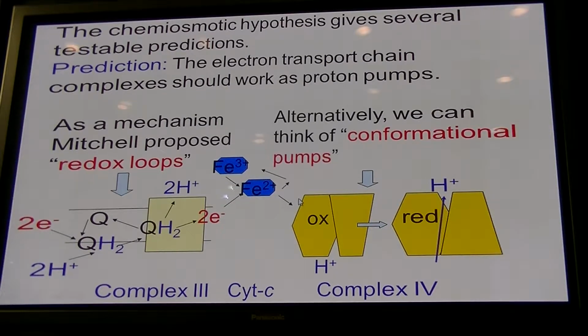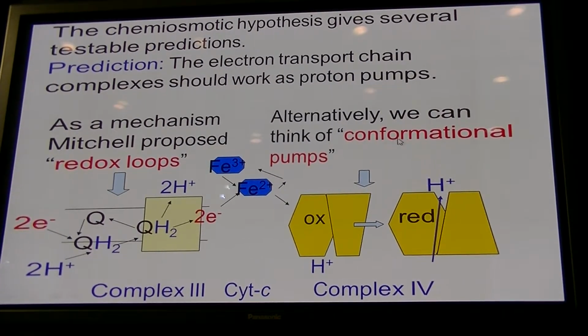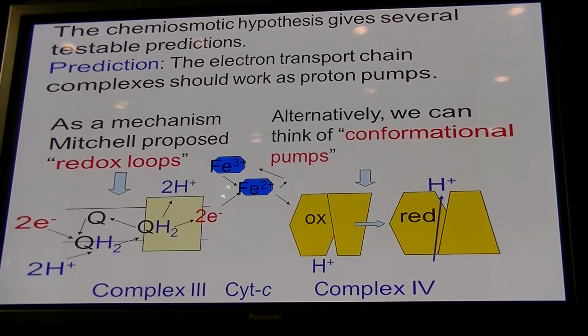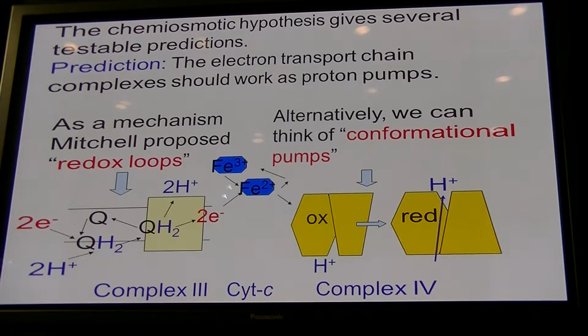But here the energy comes from the electrons. So we call this a conformational pump idea. It's also thought that complex 1 functions by itself as a conformational pump. Between different textbooks and in the literature, there's some discussion about how many protons are pumped at each complex. I think the correct numbers are 3 or 4 for complex 1, 3 for complex 3, and 4 for complex 4.